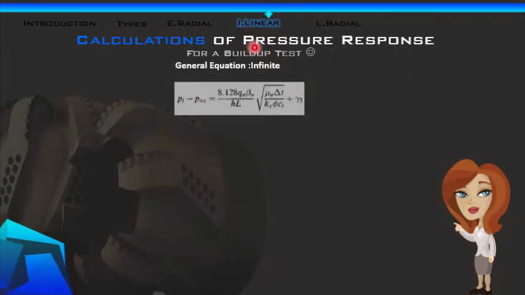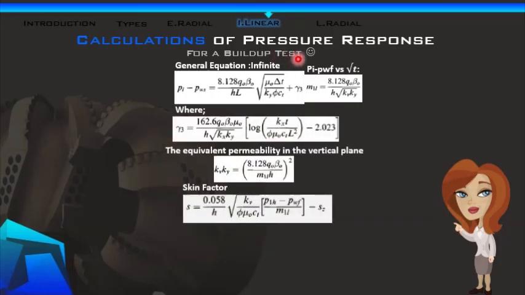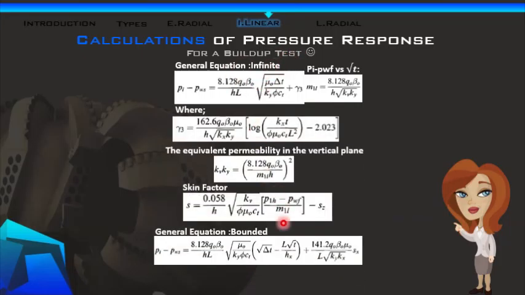Next, for the build-up test, we have two different types: one is infinite and the other is bounded. For the bounded reservoir, the solution is similar, not very similar, but something similar to the drawdown test, so I will not be elaborating on that. For the build-up test in the infinite reservoir, where the reservoir acts as though it is infinite, we have this general equation.